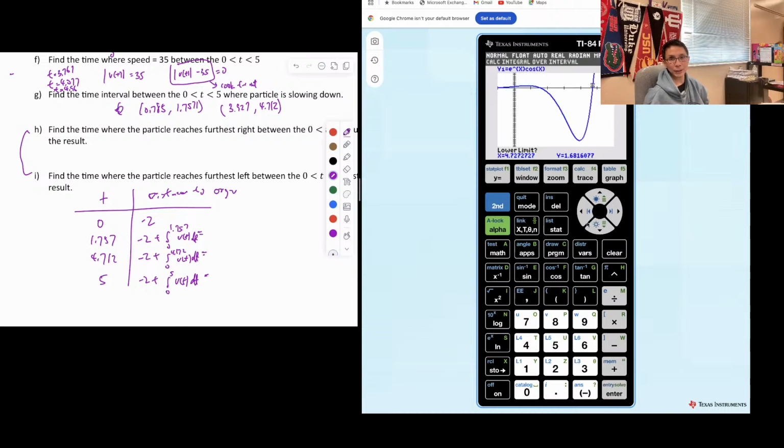So I am going to go from low bound 0 to 1.757. Is it 757 or 557? 757, I'm assuming. Let's see. Why do I feel like that's wrong?